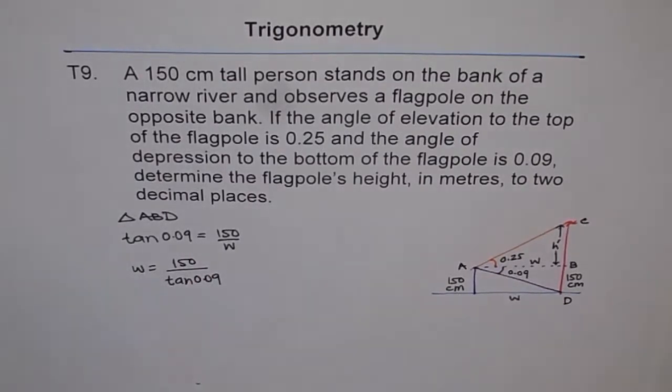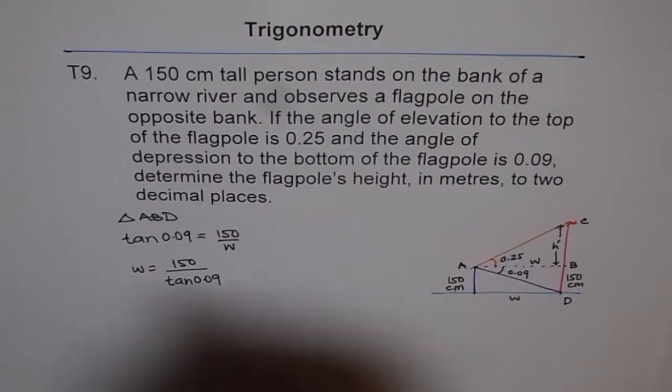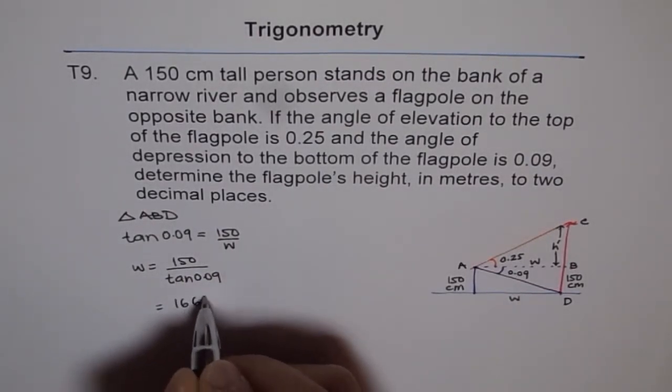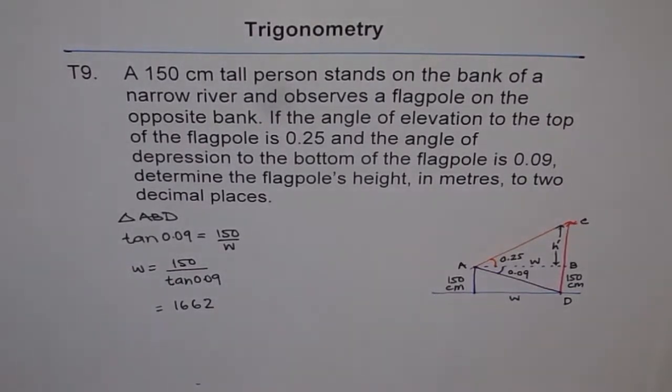So we can use our calculator to calculate this answer. 150 divided by tan of 0.09 gives us 1662. So this is equal to 1662, and this is all in centimeters.